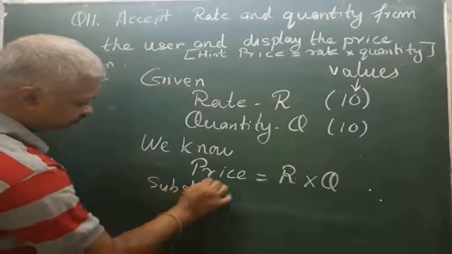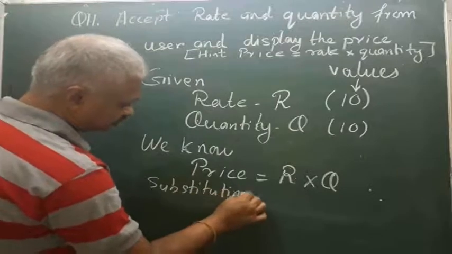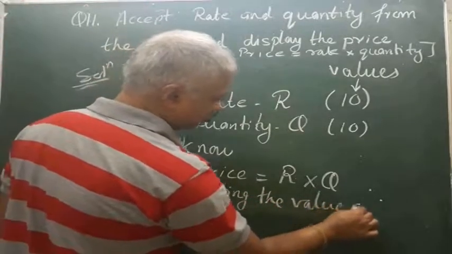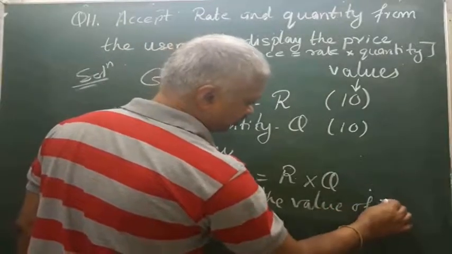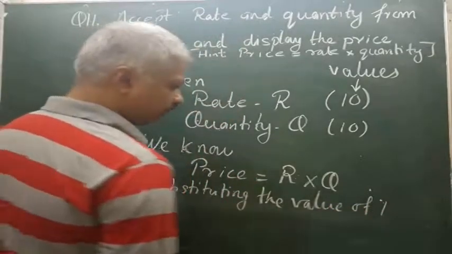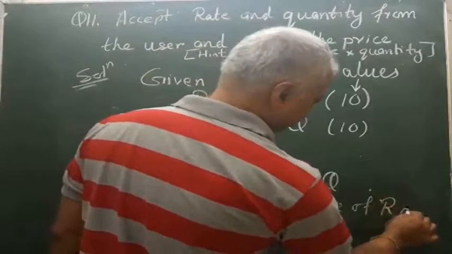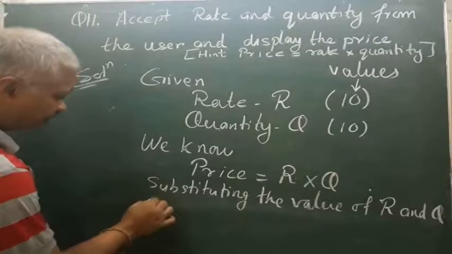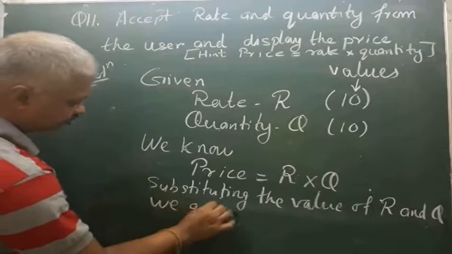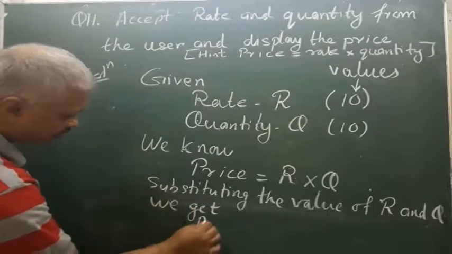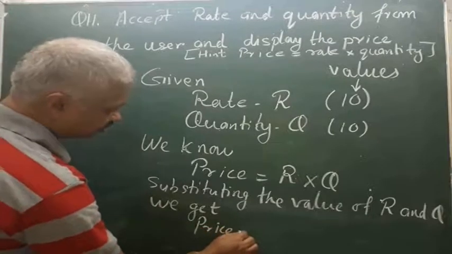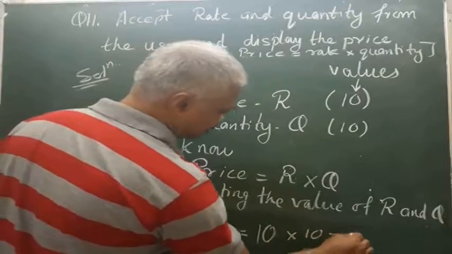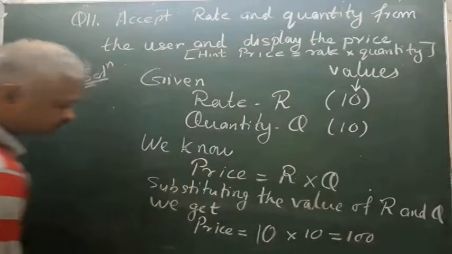Substituting the value of r and q, we get price is equal to 10 into 10 is equal to 100.